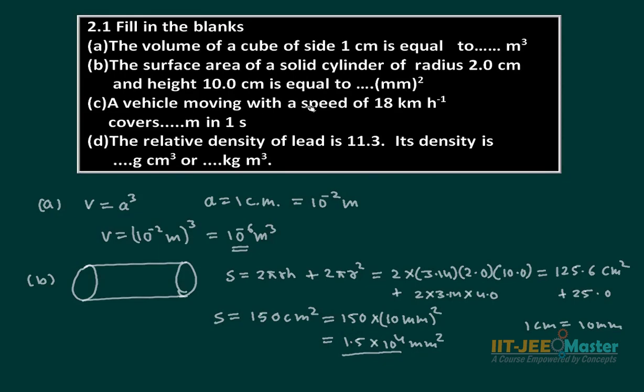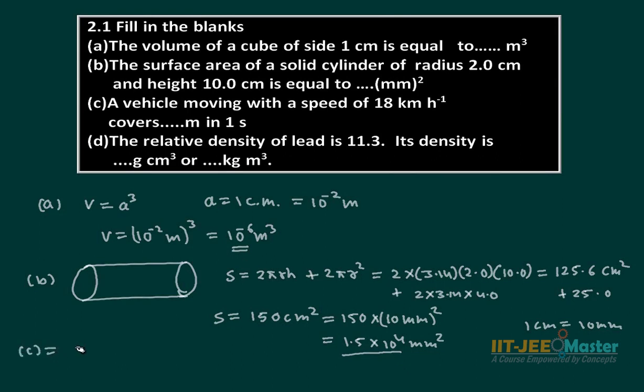A vehicle moving with a speed of 18 km per hour covers dash dash dash meter in 1 second. We have to find the speed in terms of meter per second. So convert kilometer into meter and hour into seconds.